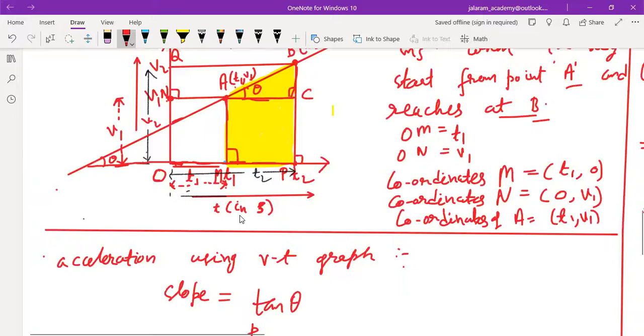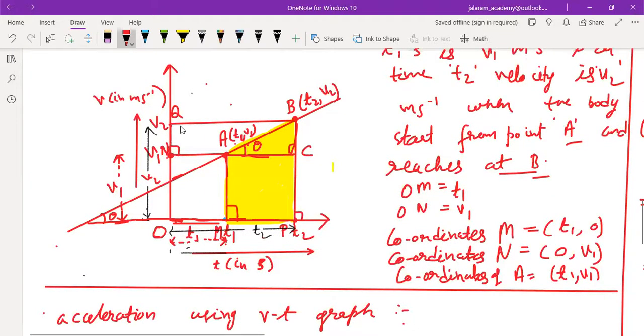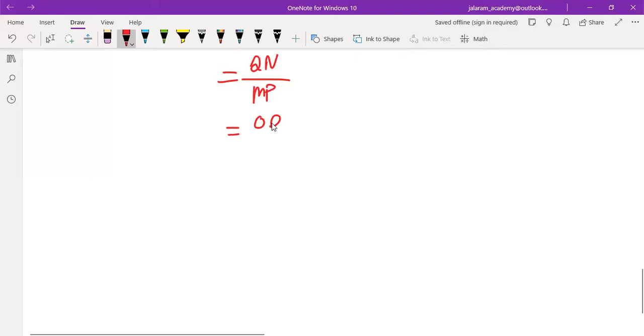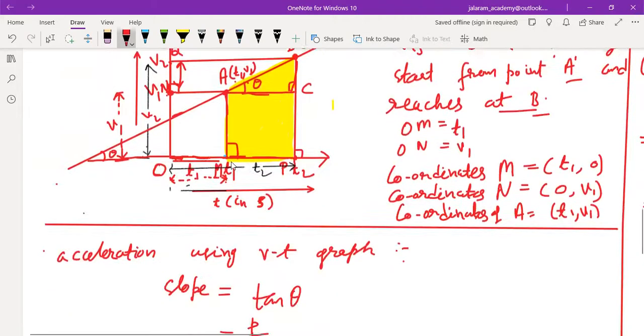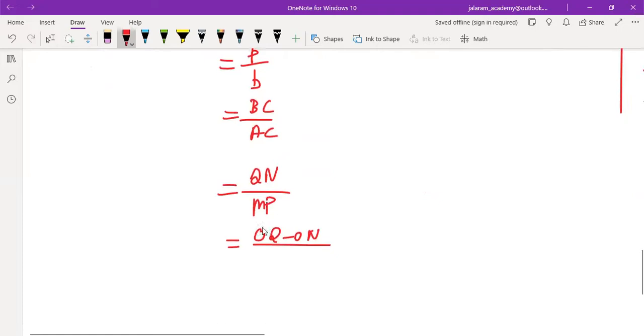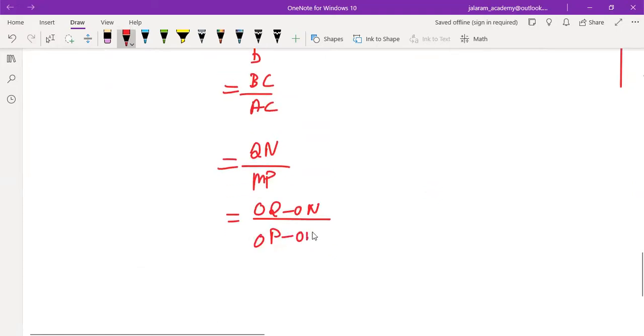QN equals to, this QN will be the difference of OQ minus ON, and MP equals to distance between OP minus OM.